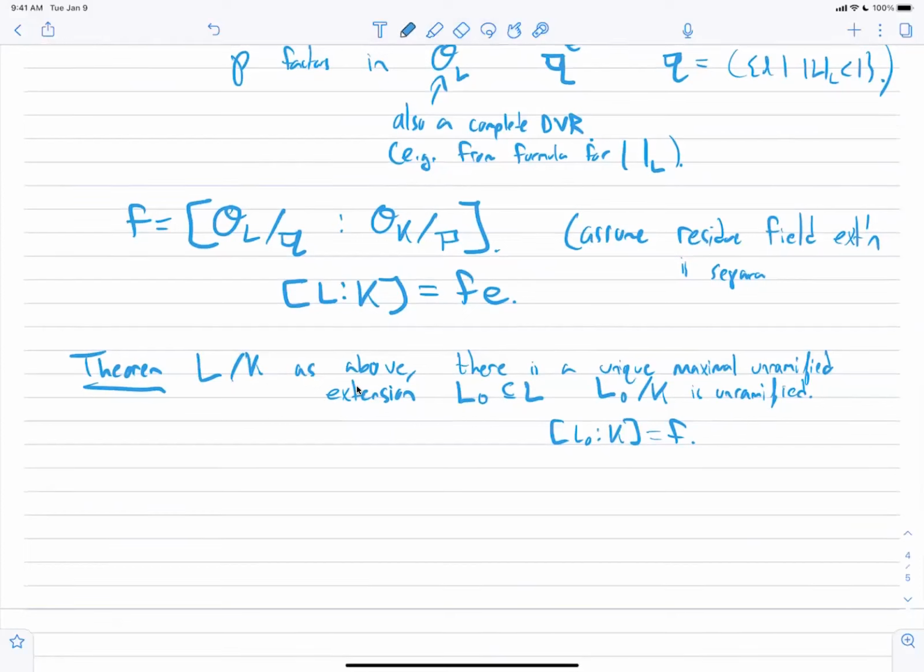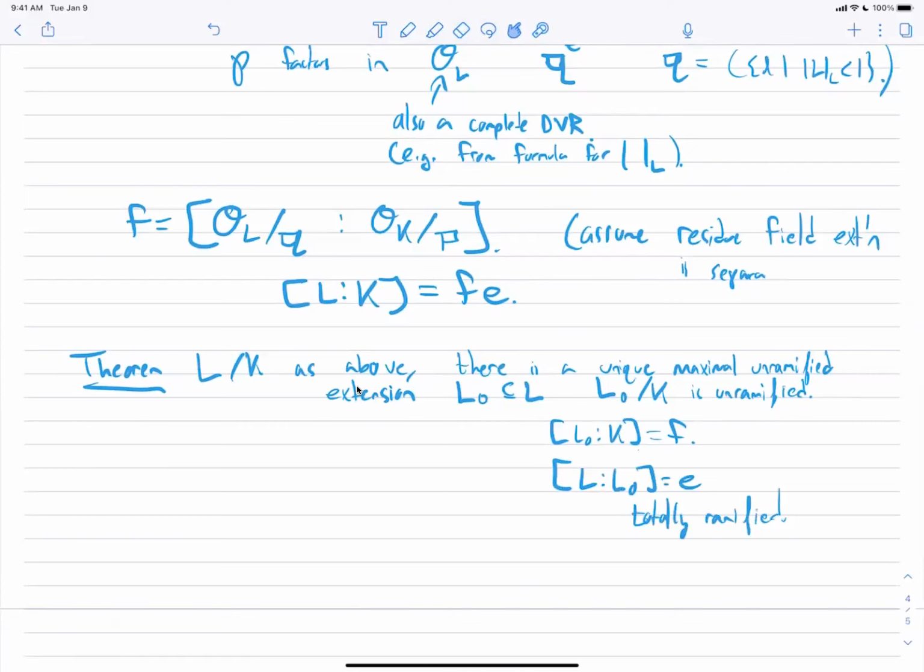And so L_0 over K is F, and then L over L_0 is E, and this is totally ramified. That's what it means to be totally ramified. It means the ramification degree is the same as the index. So this is good.